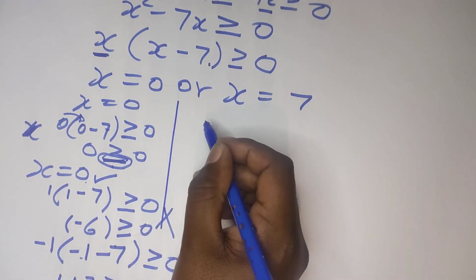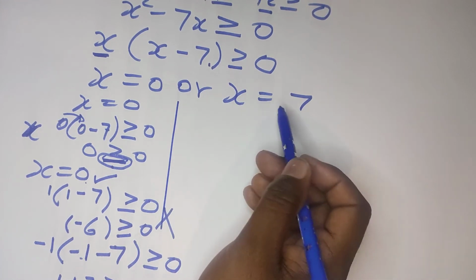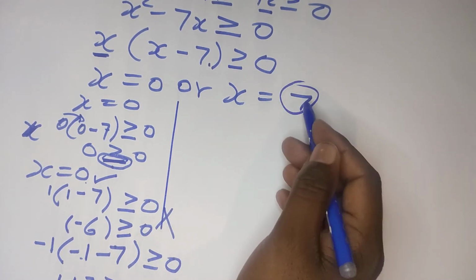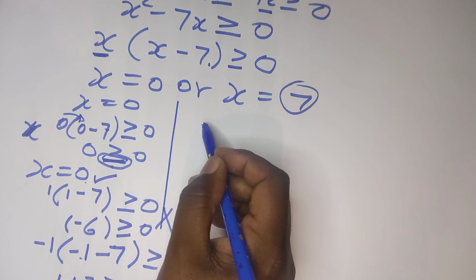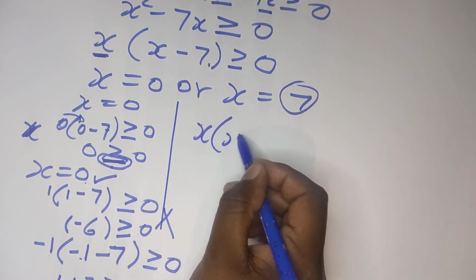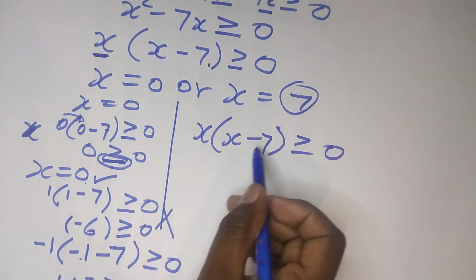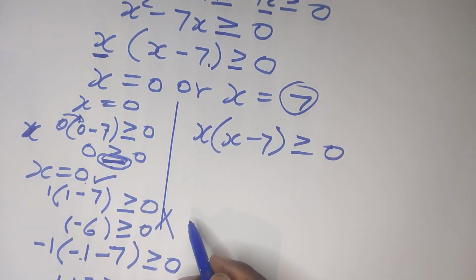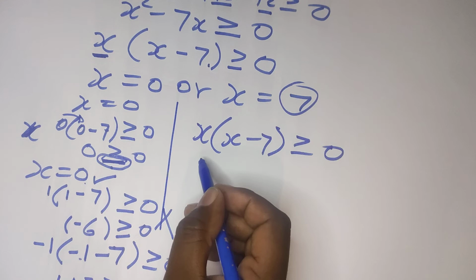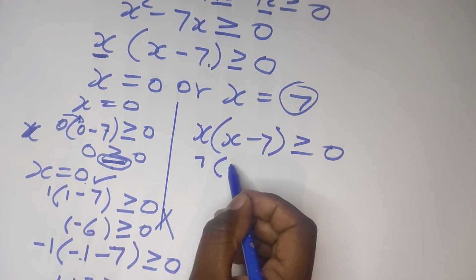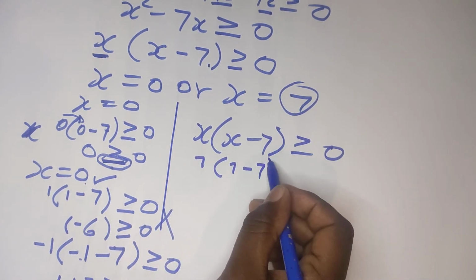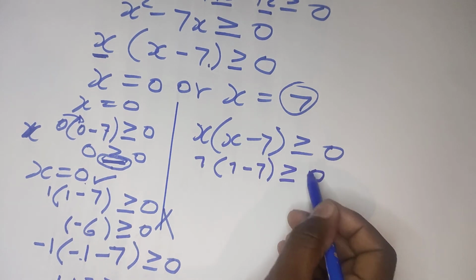Right, for the second one, let's try the values by substituting 7. So this will be x into x minus 7 greater or equal to 0. Let's start by substituting the value of x, which is 7. 7 into 7 minus 7 greater or equal to 0.